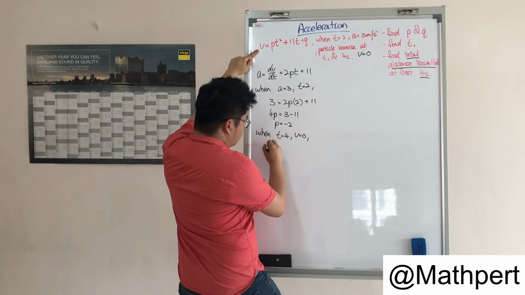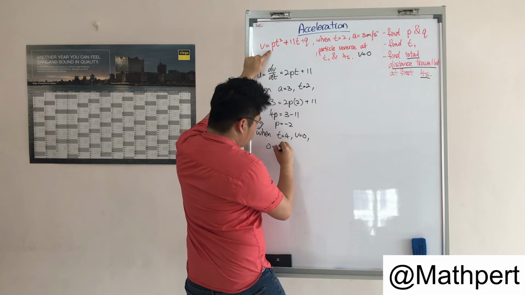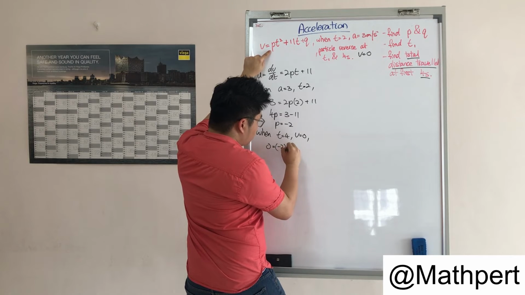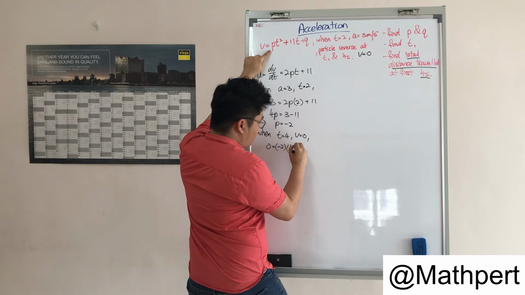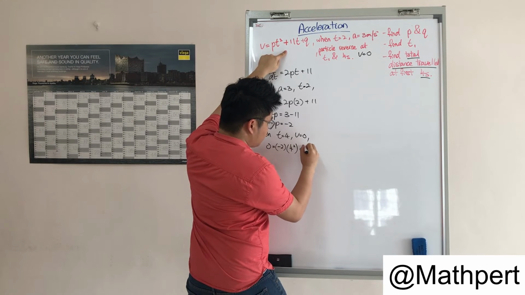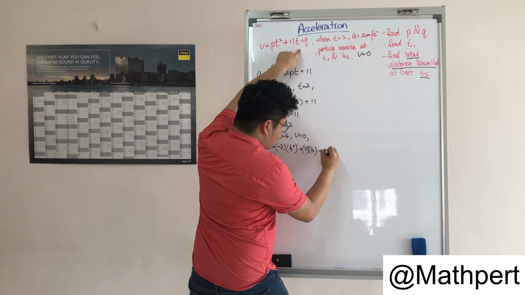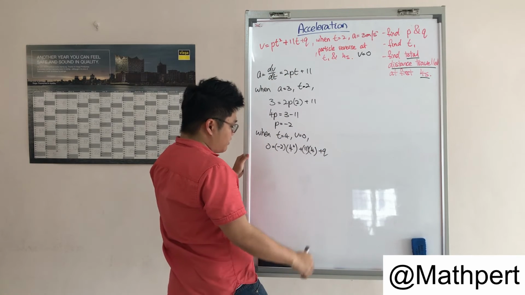We get v is 0, p is negative 2, t is 4 squared plus 11, t is 4, plus q. Right?